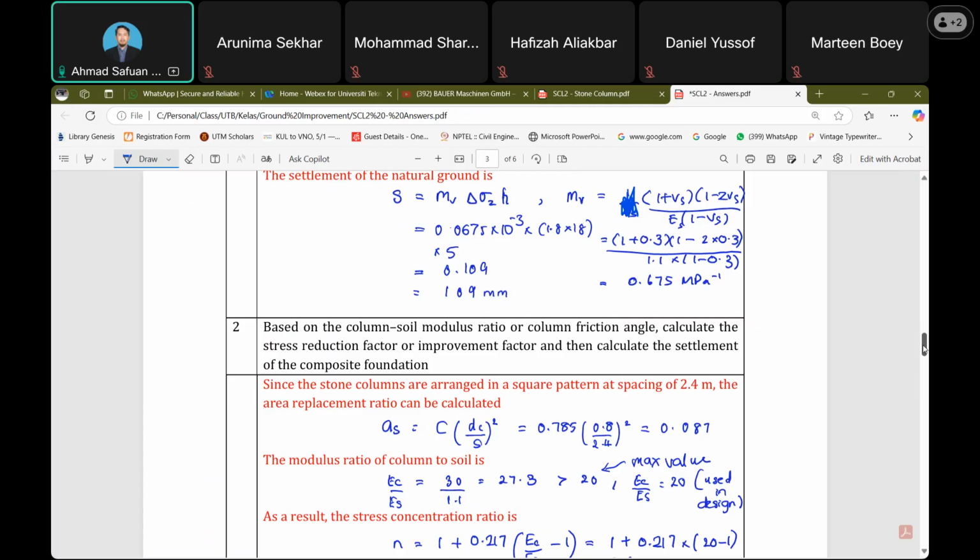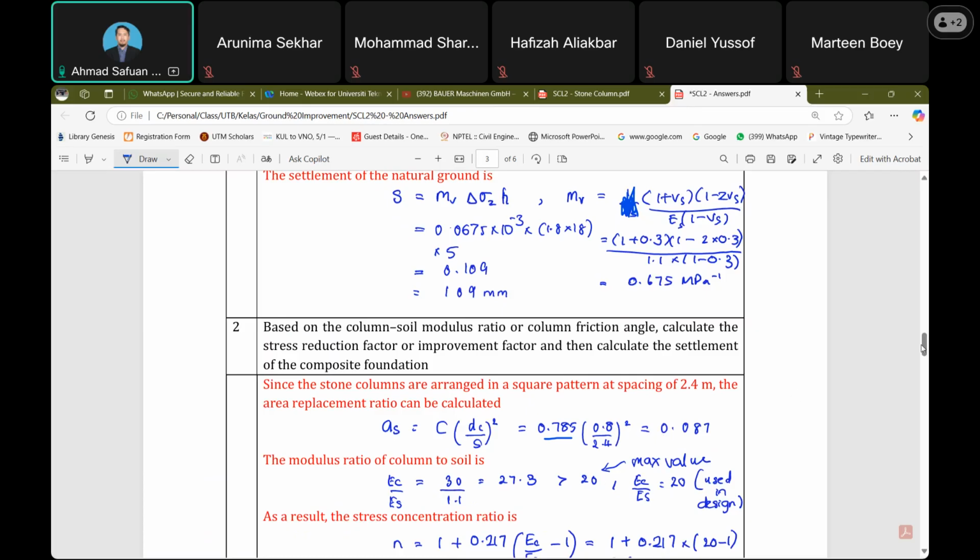Since the stone columns are arranged in a square pattern at a spacing of 2.5 meter, the area displacement ratio can be calculated. So this is the coefficient for the square patterns.